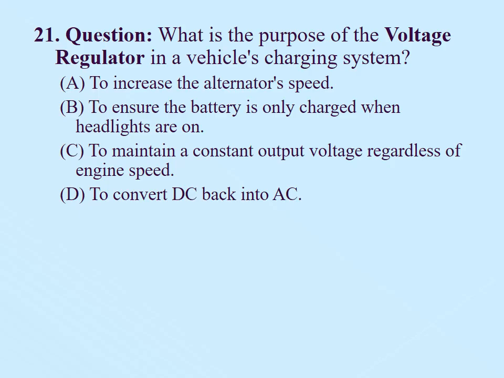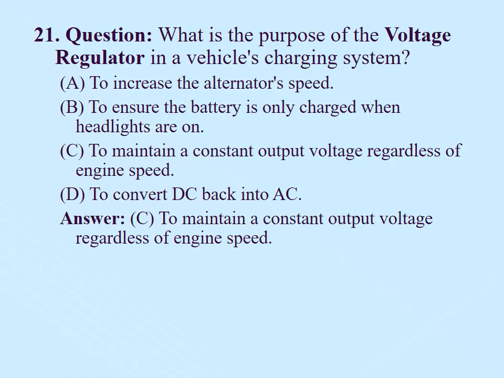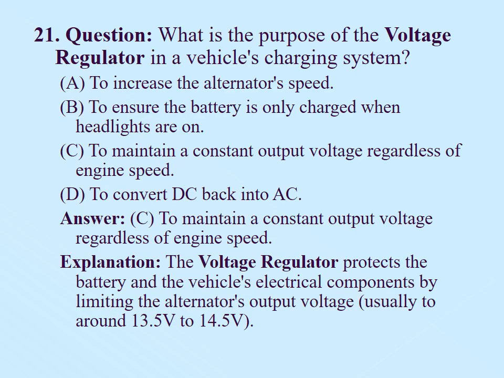Option D. To convert DC back into AC. Answer is C. To maintain a constant output voltage regardless of engine speed. The voltage regulator protects the battery and the vehicle's electrical components by limiting the alternator's output voltage, usually to around 13.5 volts to 14.5 volts.